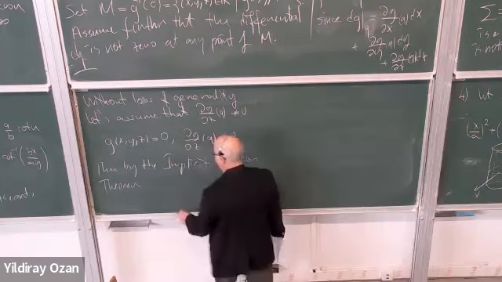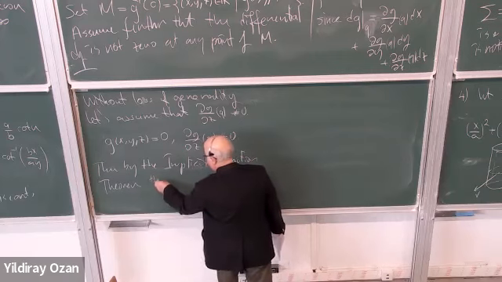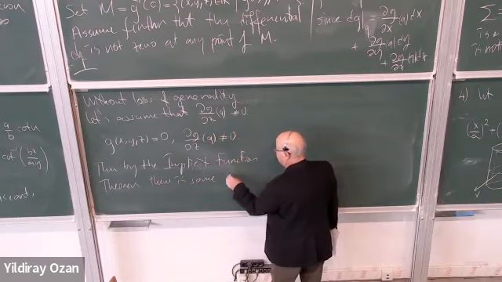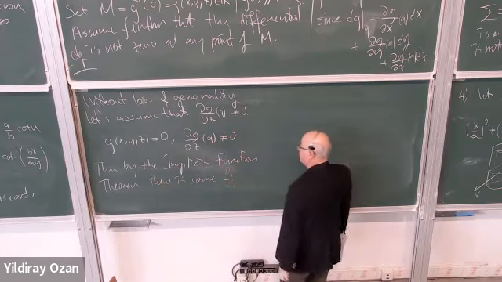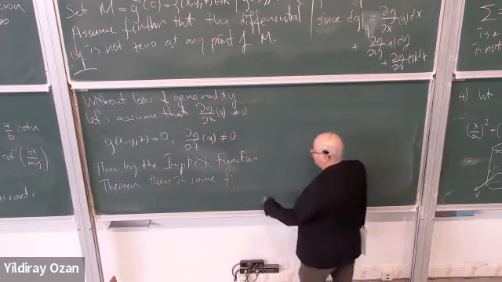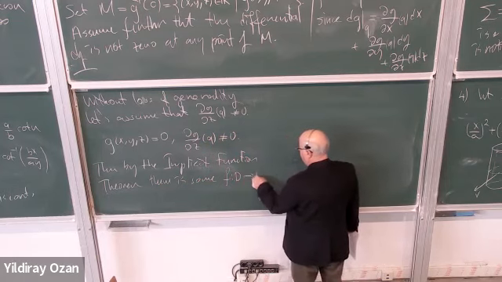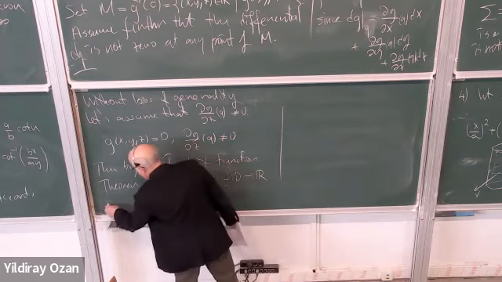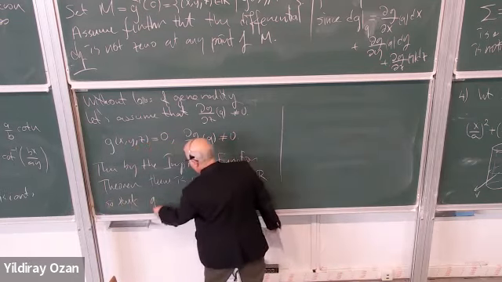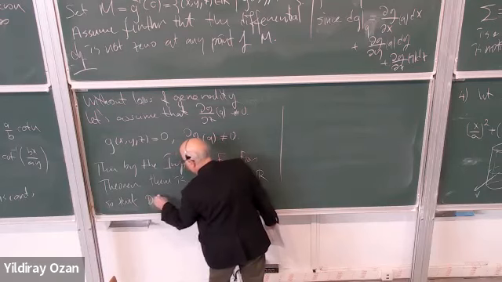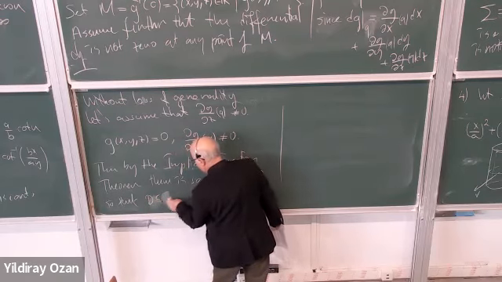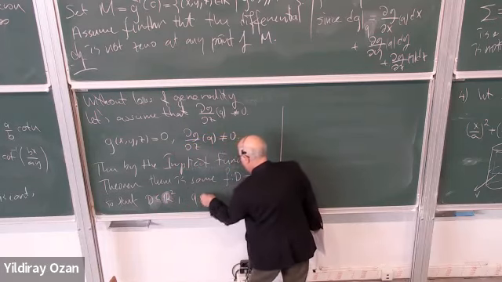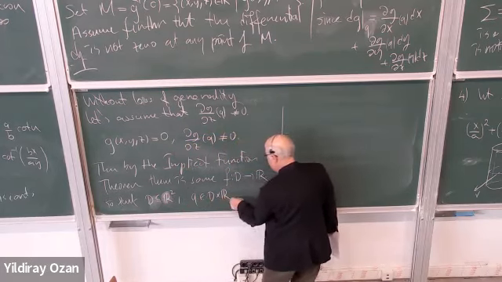So by the implicit function theorem, there is some f defined on some region D into R, where D is in R2, and your point Q is in D cross R.